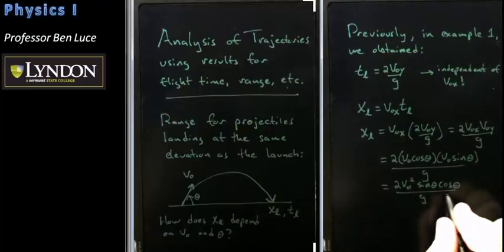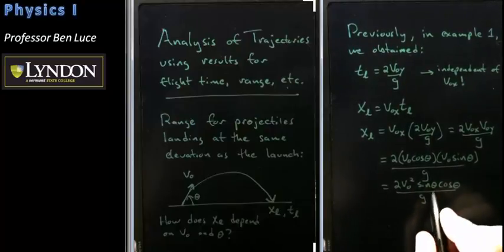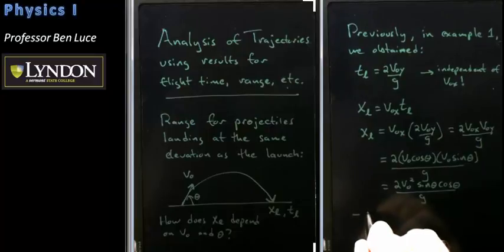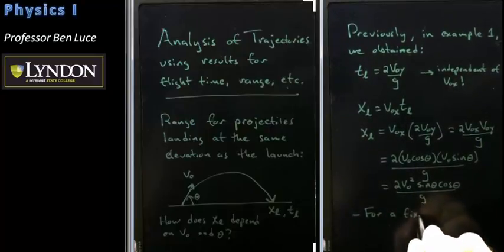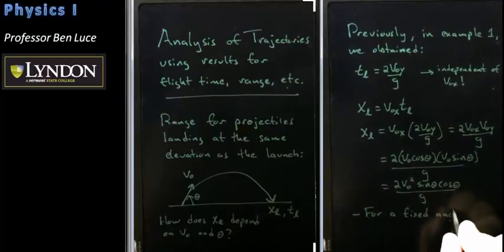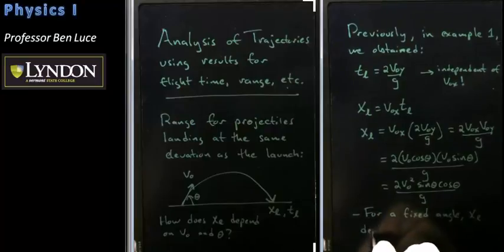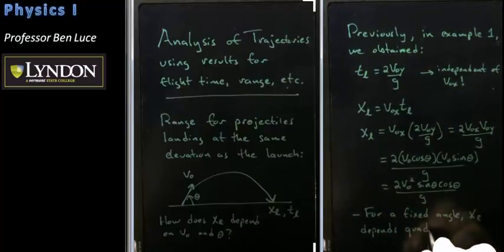Now this is an interesting result right here. What this tells us is that for a fixed angle, XL depends quadratically on V naught.